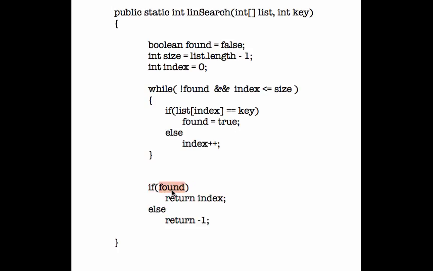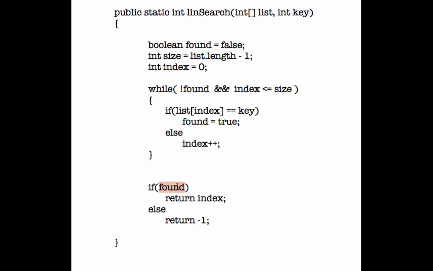And found at this point is going to be either true or false. It will be true if I found a match, false if I didn't. At any rate, computer is going to evaluate found and it's going to say, well, if found is true, then I know that there is a match. Okay, I know that this statement was true, and then I know that there is a match located at this index. Therefore, all I need to do is to return the current value of index.